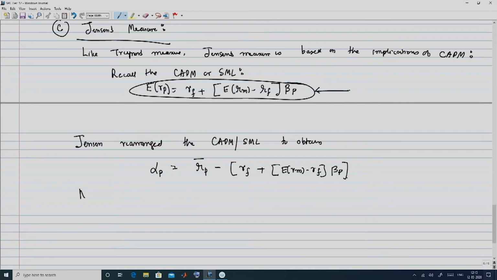Alright, so now we note that there are two terms here: this is R_P bar and this is the expression from CAPM. So let us look at it term by term.